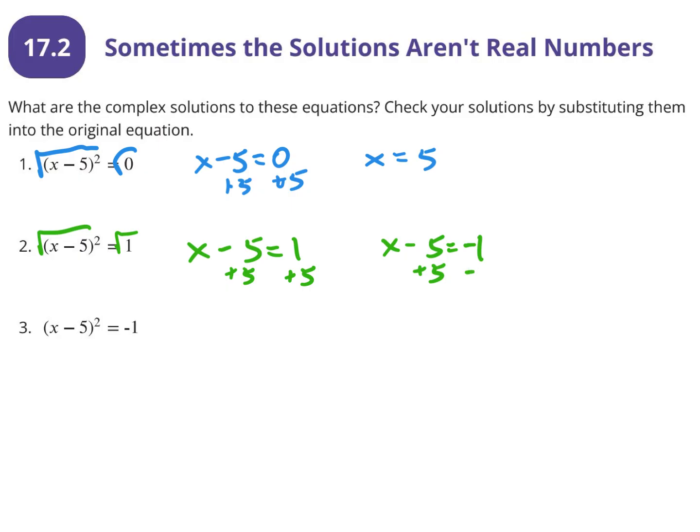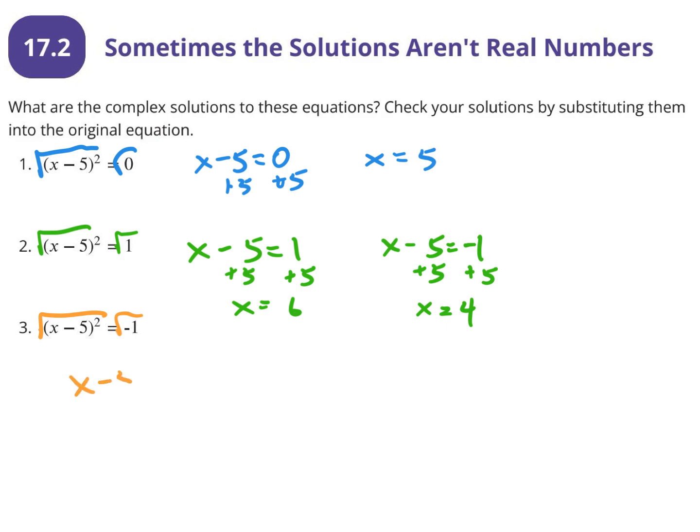The reason why we didn't get two roots with 0 is that 0 is not positive, nor is it negative. And so you see me add 5 to both sides, x equals 6, x equals 4. And then for the last one, take the square root. And now we know when you take an even root of a negative number, it's not a real number.